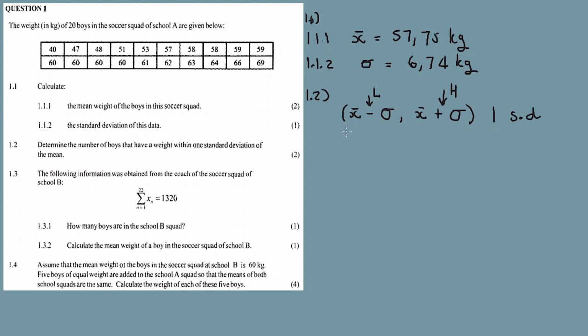So let's go. x bar, which is 57.75, minus the standard deviation, which is 6.74. Then we go back and say x bar of 57.75 plus 6.74.